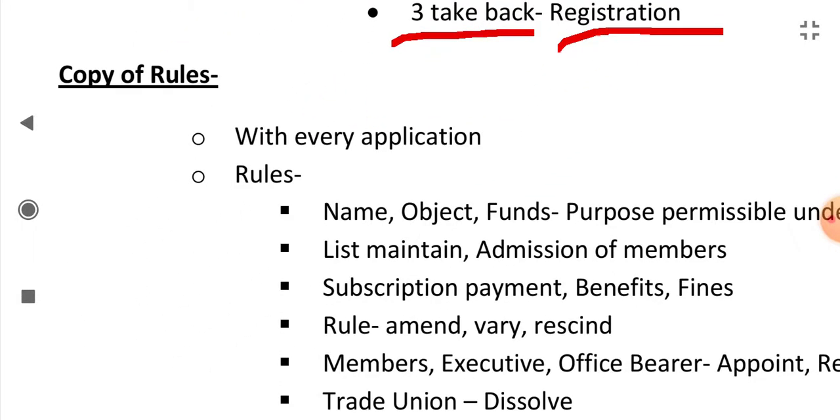With the application, a copy of rules is also submitted. What are these rules?